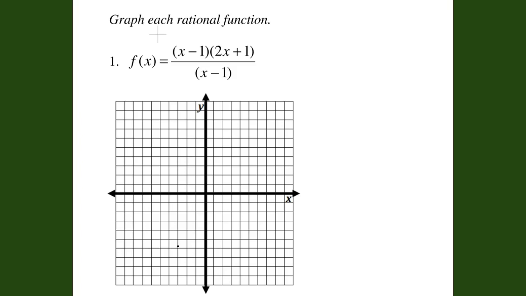All right, so the main focus of this assignment is removable discontinuity, which happens when we have a factor in the numerator and denominator that cancels out. Again, that's called removable discontinuity.